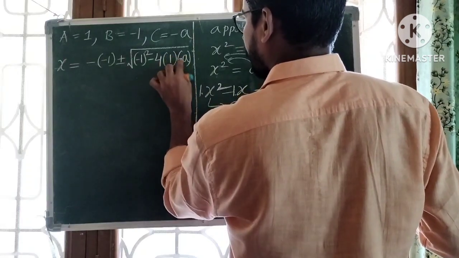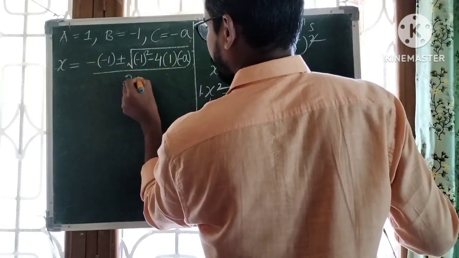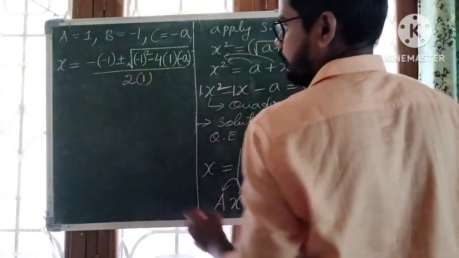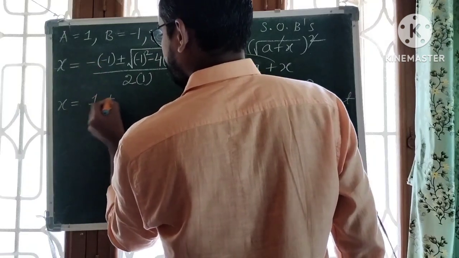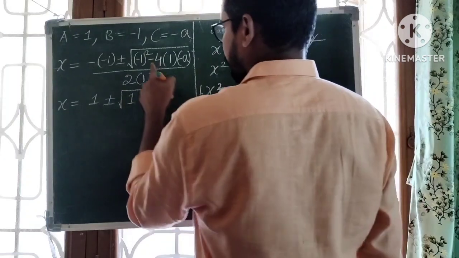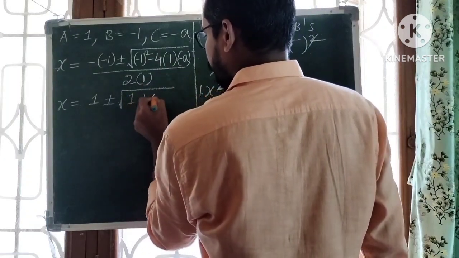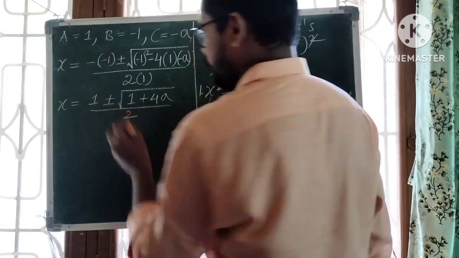So x is equal to minus into minus, plus 1, plus or minus root over minus 1 square, which means plus 1, minus into minus plus 4 into 1 into a, 4a, whole divided by 2.